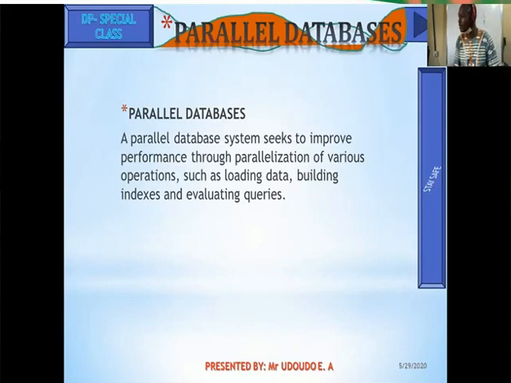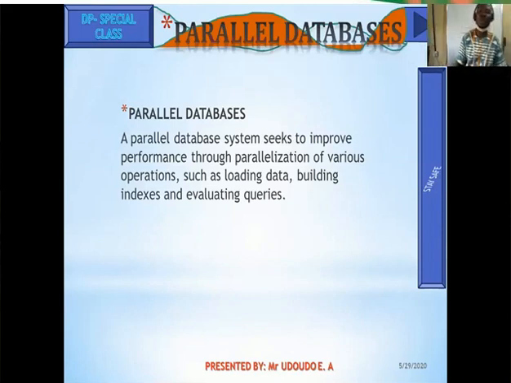All right? So whereby two operations, three operations concerning a system can be carried out without any issue by parallel means, by a parallel structure.